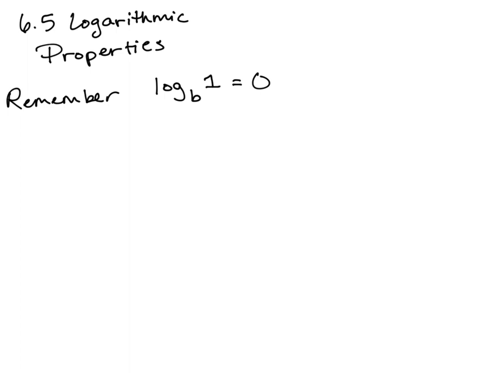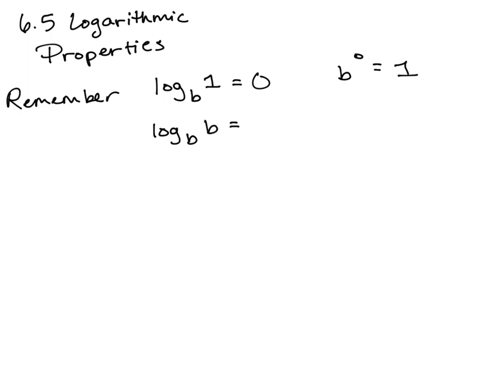The reason this is the answer is because b to the 0 power is always 1. Doesn't matter what the base is. So anytime you see log base b of 1, the answer is automatically 0. Every time.